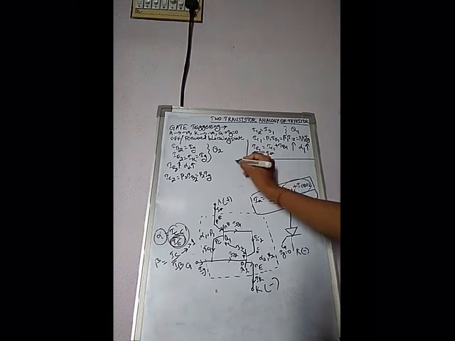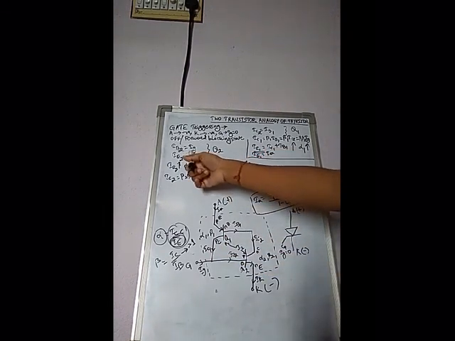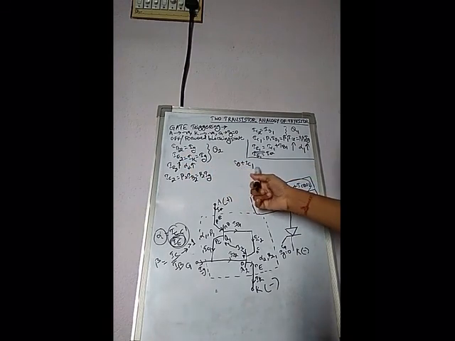Initially the gate current is Ig, now Ig plus IC1.